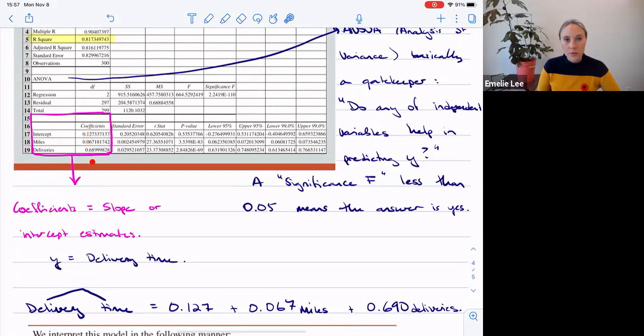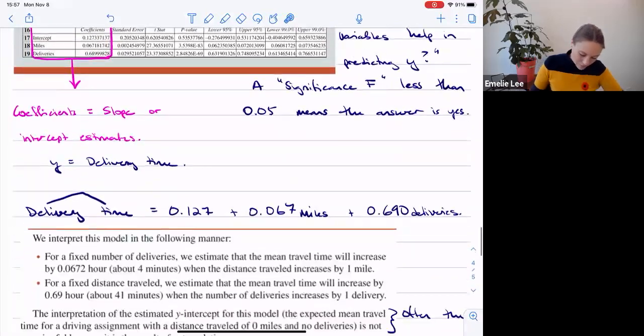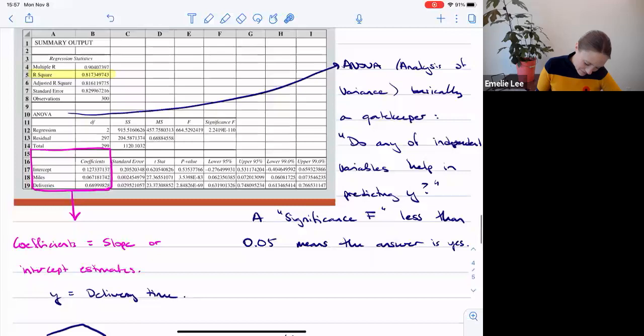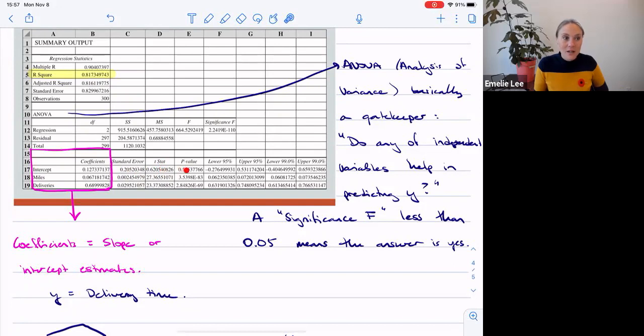The coefficients are the point estimates of the slopes, of the betas. You might have even seen it. It gives you the standard error of each of the coefficients. It also gives you the t statistic and the p-value. So there's really no work that we have to do here. We just need to read these and understand what they mean.